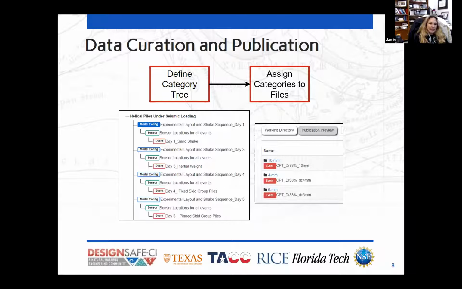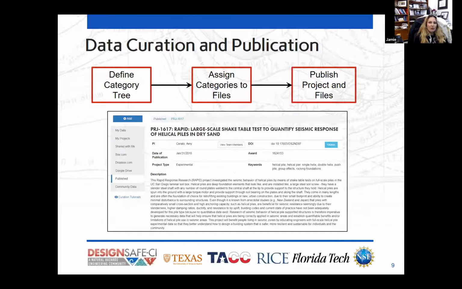And each of these individual tags is associated with some of those different types of data models, for example, the experimental data model. Once you've decided how you want to organize and share your data and assigned files to each of those categories, you go further through the publication pipeline and can see, for example, a preview of your data publication, and then ultimately may choose to publish your project.